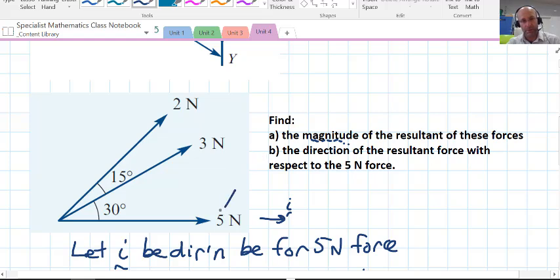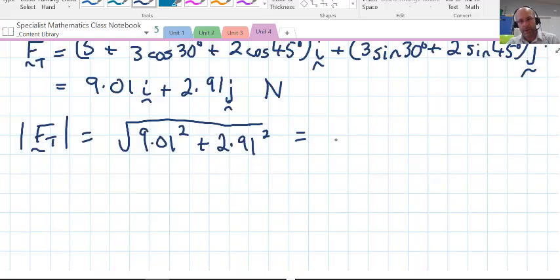And this one's easy because it's in the I direction. If it wasn't, you might want to use the vector resolute formula instead. So using our usual way of finding the magnitude, we get 9.47 newtons. You can try that yourself.